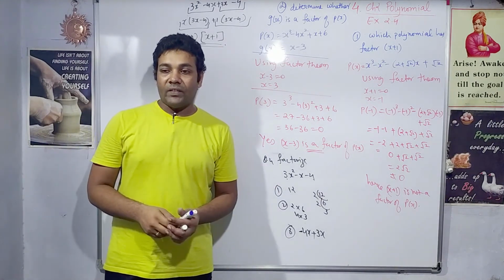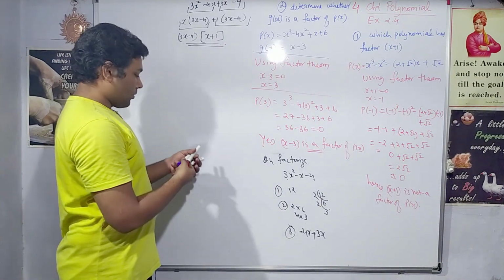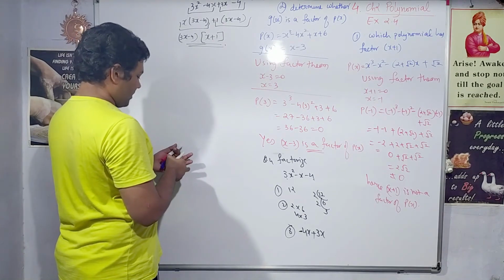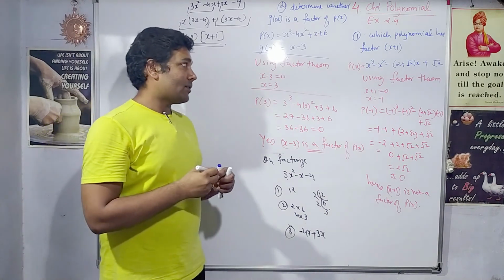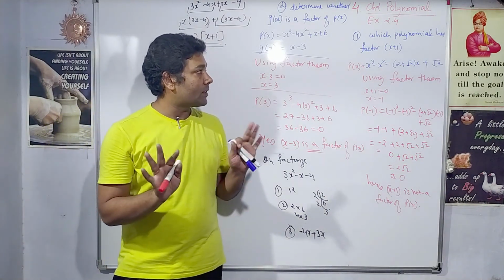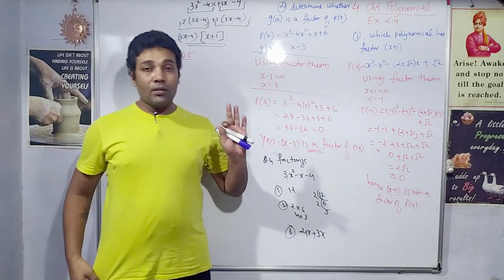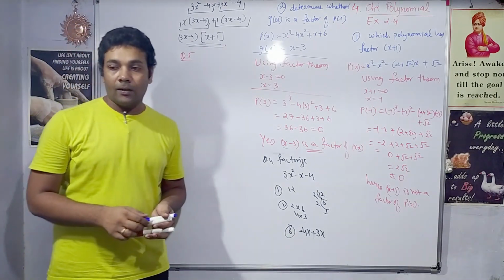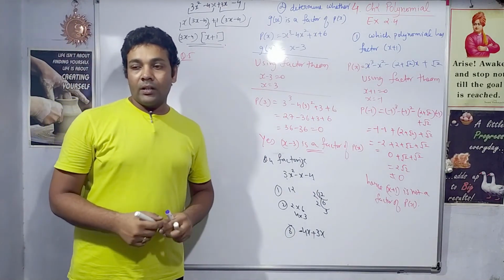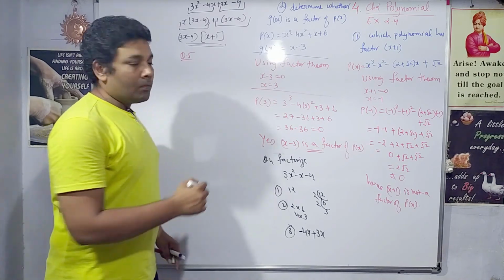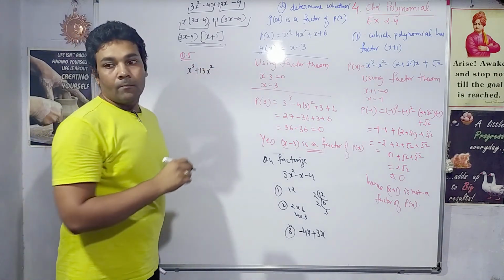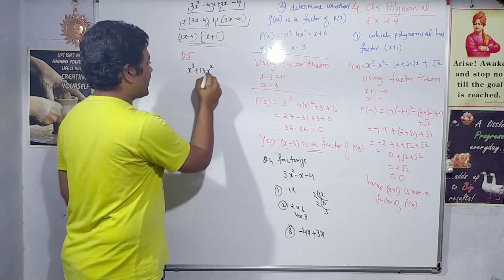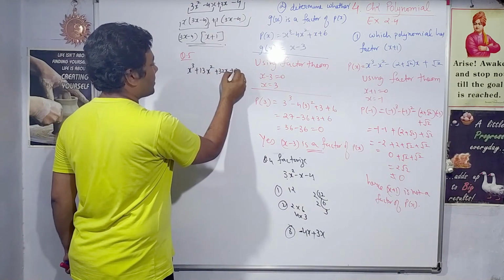Next question, factorize. Now we have a cubic equation. In question number 5, you have a cubic equation. As I said, as soon as you see cubic equations, don't get afraid. Cubic equations will be a little lengthier. So the equation is x cube plus 13x square plus 32x plus 20.